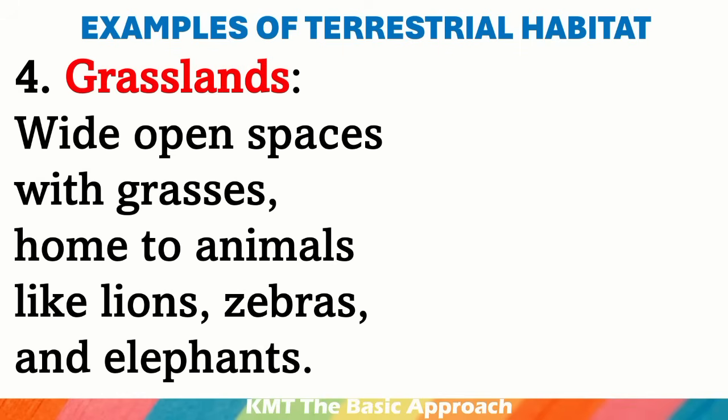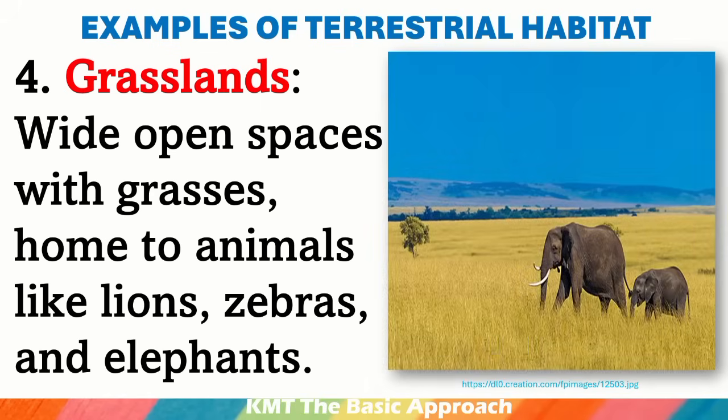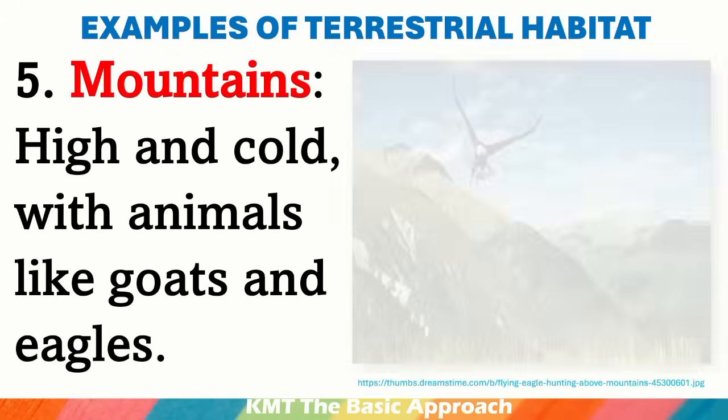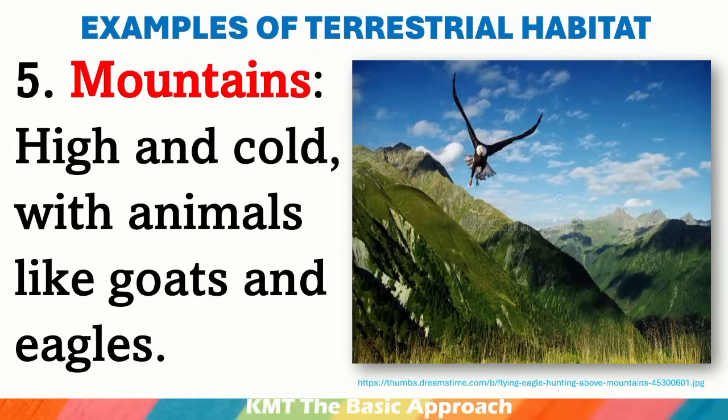Number 4. Grasslands. Wide open spaces with grasses, home to animals like lions, zebras, and elephants. Number 5. Mountains. High and cold with animals like goats and eagles.